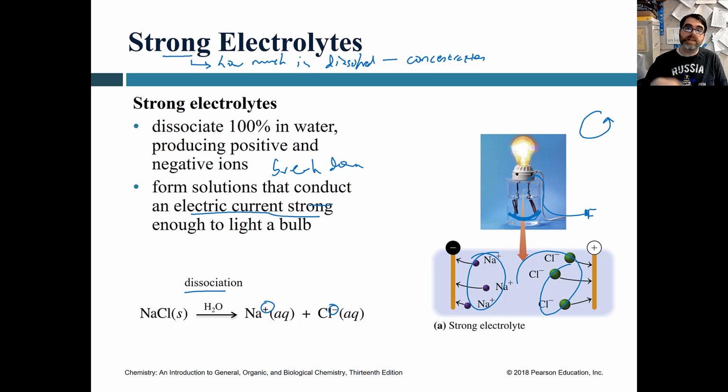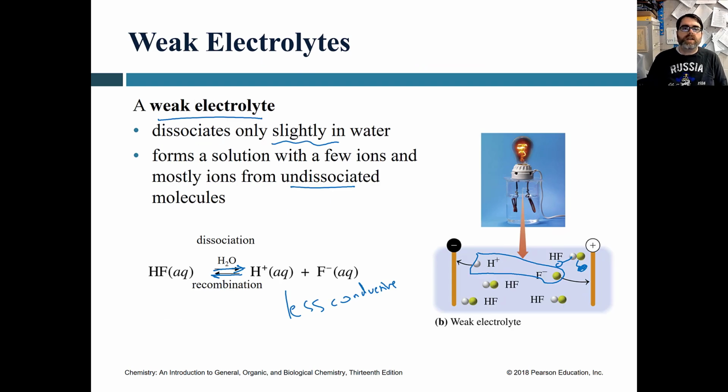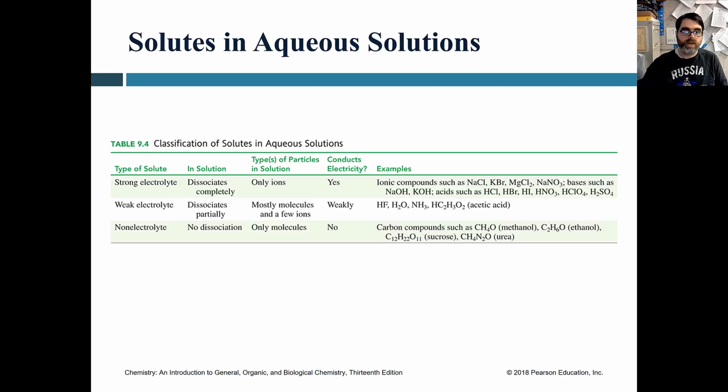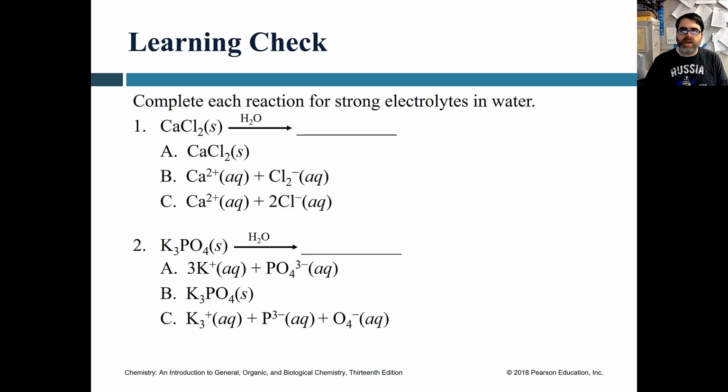If you have a lot of it in there, then you have a high concentration and a strong electrolyte. It's going to conduct electricity. Here, even when we have a high concentration, it still does not conduct electricity well because it doesn't break down completely. But don't confuse strength with concentration. They are different from one another. This here is just a summary of some of that, and I encourage you to take a moment and look at it, but I'm going to move right on along to some of the examples here.